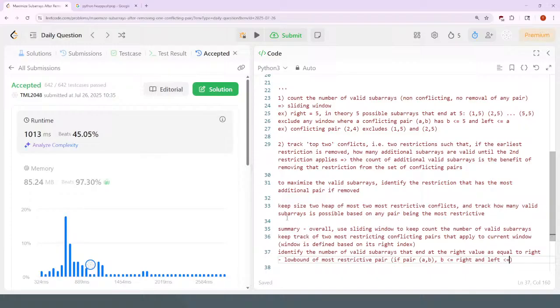No, left side is less than or equal to A. The left side must be greater than or equal to A.